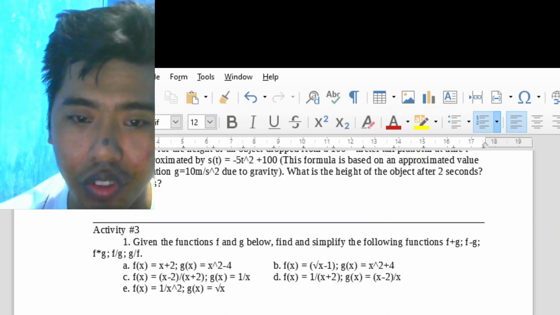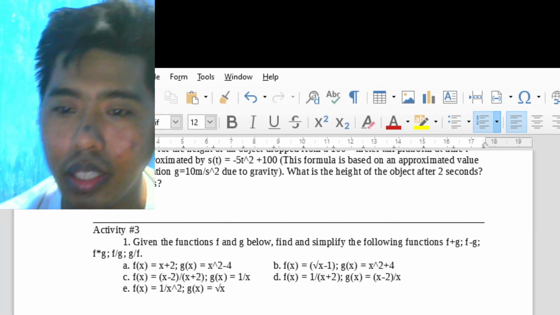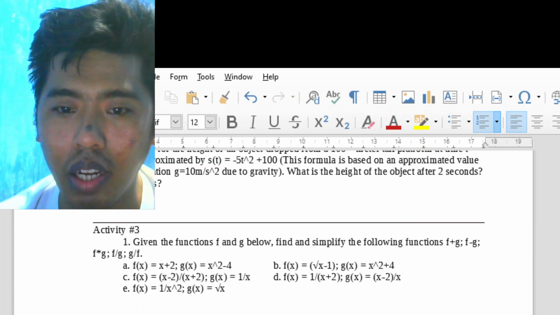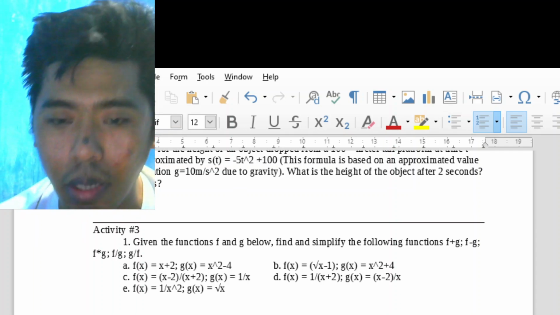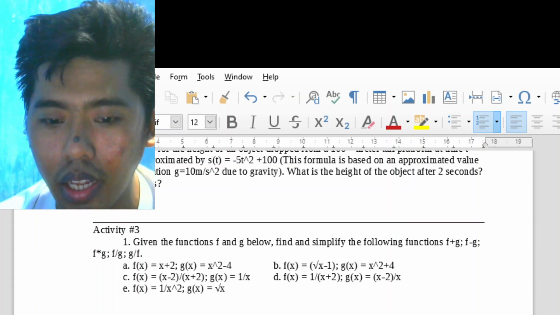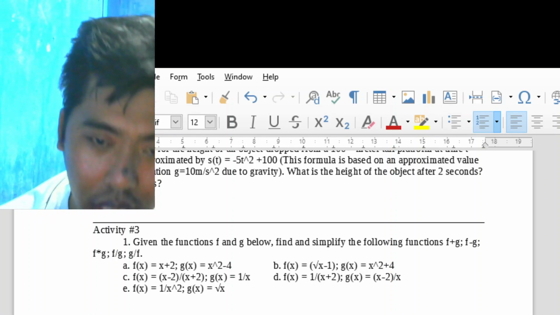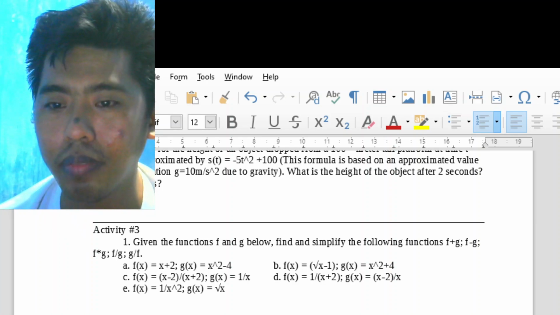Question, letter A. So bali kuha niya usa ka letter, 5 ang tubag. Again, 1 letter, then usa ka letter, 5 ang tubag.